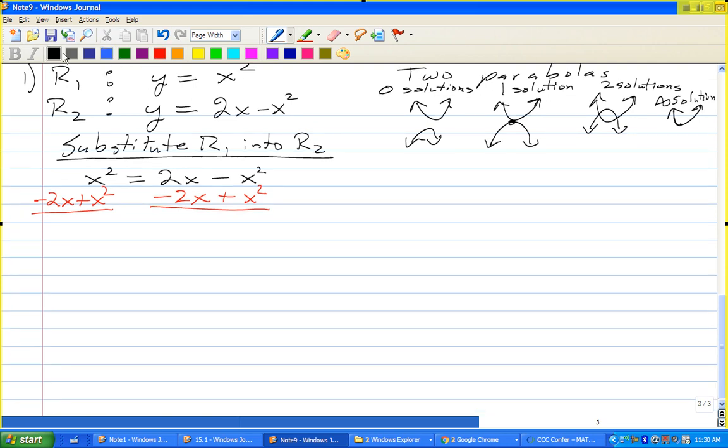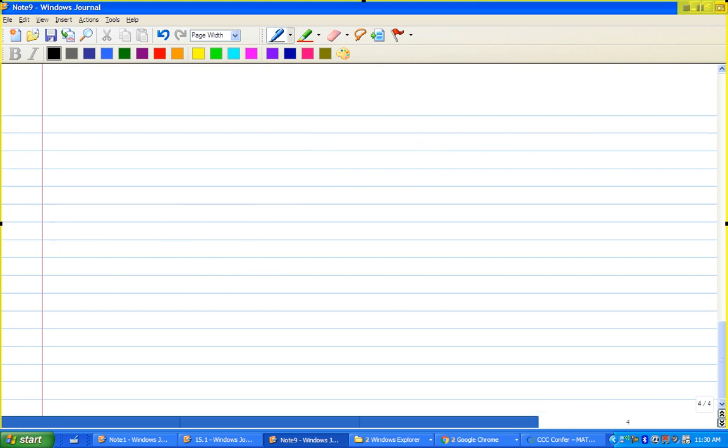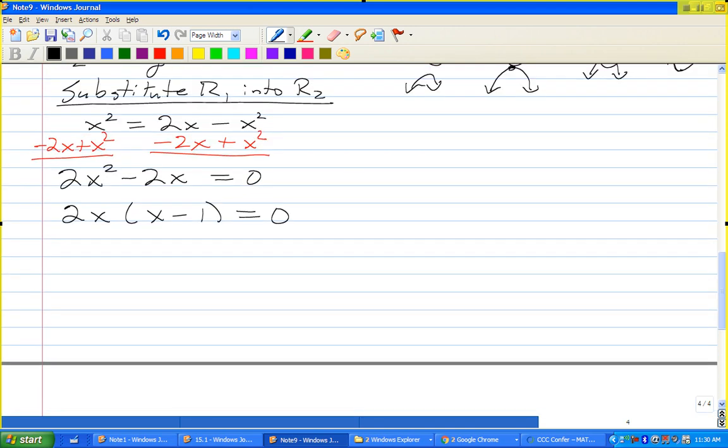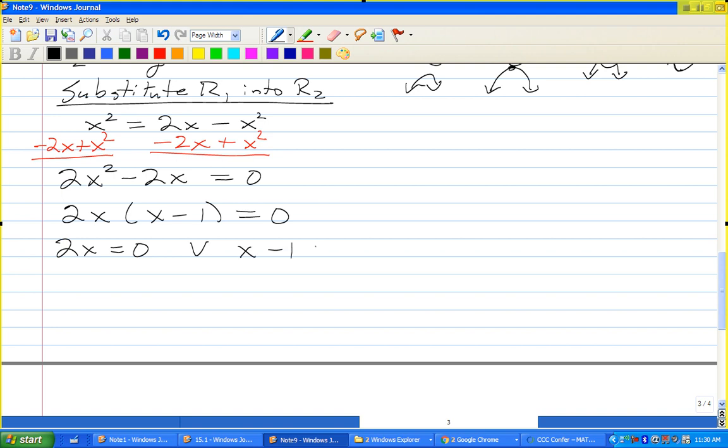And so I have 2x squared minus 2x equals 0. Factor 2x. By the zero factor property, set each factor to 0 and solve for x. And so x is equal to 0, or x is equal to 1.